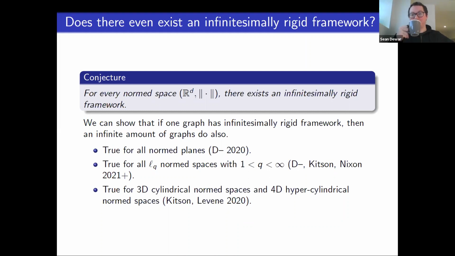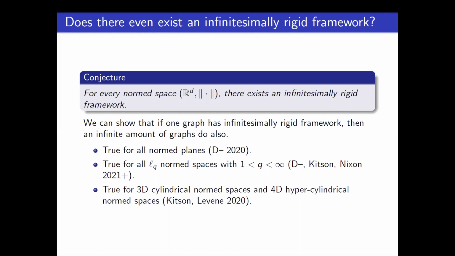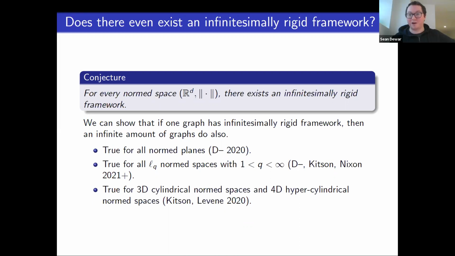So you're saying for any norm space, there exists a number of vertices such that for some larger number of vertices, or for every number of vertices, there's an infinitesimally rigid framework. Which do you mean? Conjectured to be true. So we know it's true for the bullet-pointed cases, but we don't know if it's true in general.